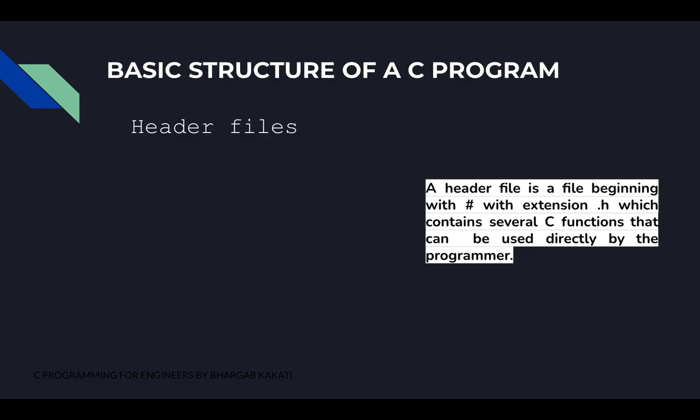Of course, there is a deeper explanation for this, but since this is the very first part of our journey on C programming, we shall not complicate things now and go on to further details later on. For example, the most basic header file that is required in C programming is stdio.h. As I have already mentioned, it starts with hash, as you can see here, hash include, and it ends with the extension .h.